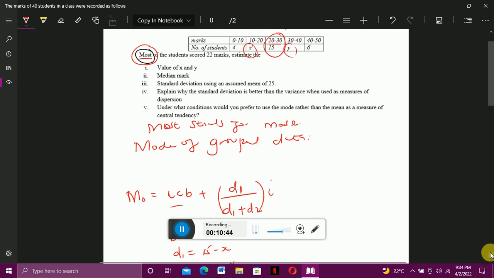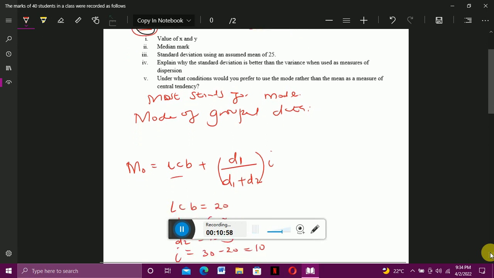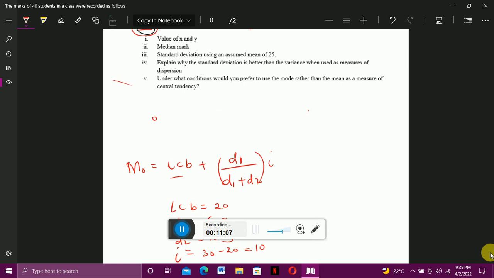We could move on and now get the median mark, the standard deviation, and then we do the other explanations. So allow me to clear the board here so that we have space to work out the median.